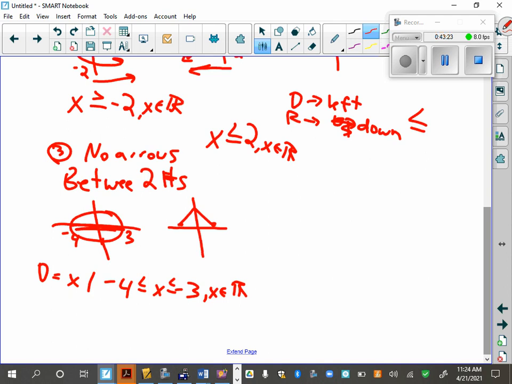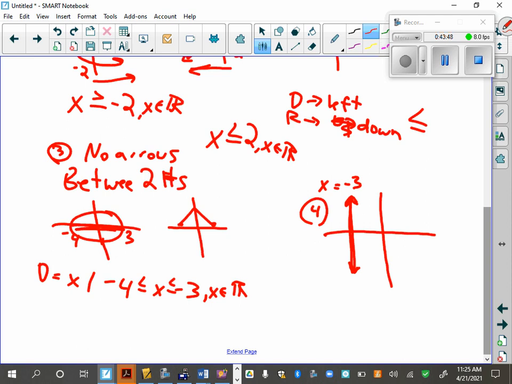And then there's a fourth one that you don't really see very often. It's when you have a vertical or a horizontal line. Let's just say this is at x equals -3, a vertical line 3 to the left. What's the domain? How far left and right does it go? So what's the domain for this one?